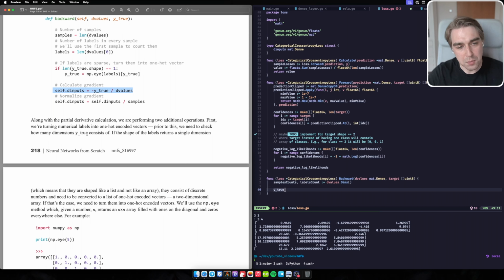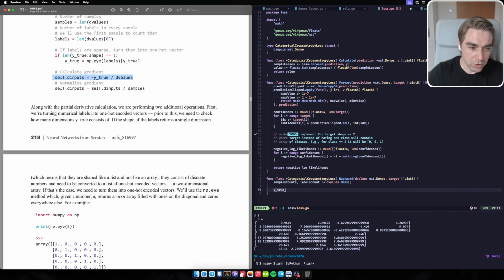If the shape of labels returns a single dimension, which means that they are shaped like a list and not like an array, they consist of discrete numbers and need to be converted to a list of one-hot encoded vectors, a two-dimensional array.